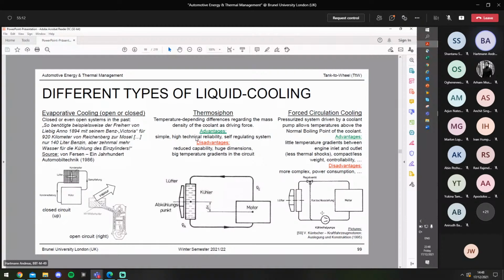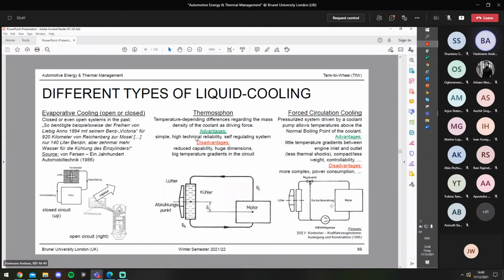Means for sure also a closed circuit, but the propulsion is covered by a coolant pump, which sucks the coolant from the radiator, pumps it through the engine, and then meets a valve, a so-called thermostat, which either passes on the coolant directly again to the pump via bypass.